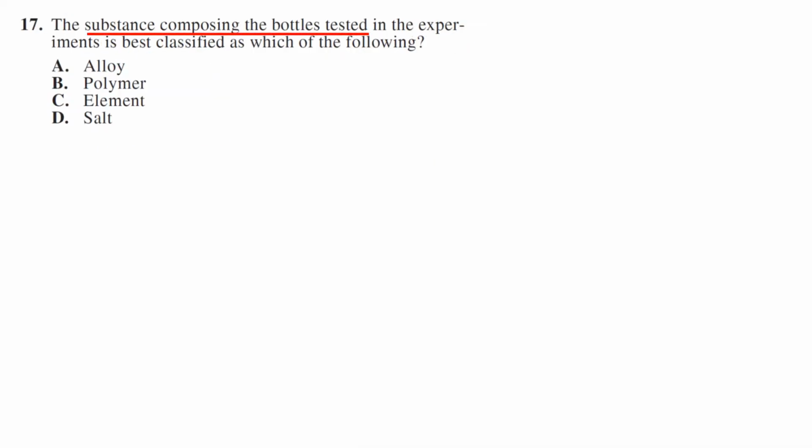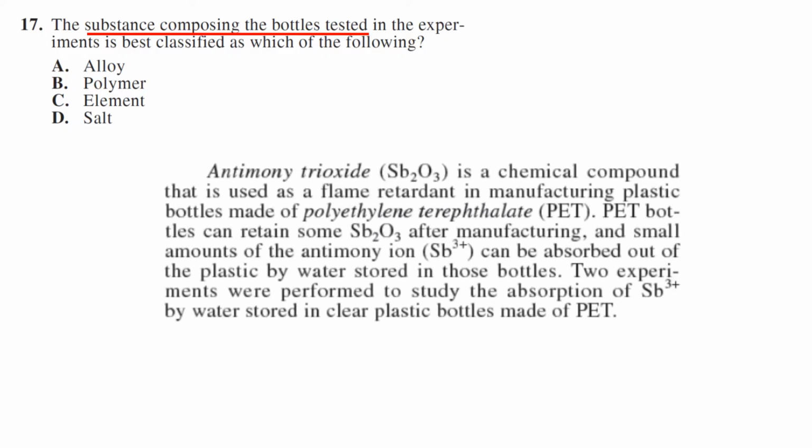The substance composing the bottles tested in the experiment is best classified as which of the following? So this is a knowledge question. You can see that this bottle is made up of PET, and you may know just from your science knowledge that the answer is B, it's a polymer. If not, you might be able to process of elimination to determine which one it is. An alloy is metal.